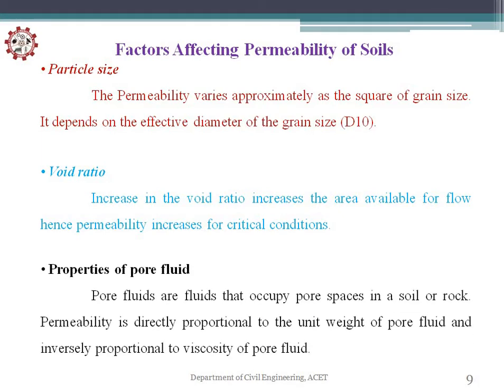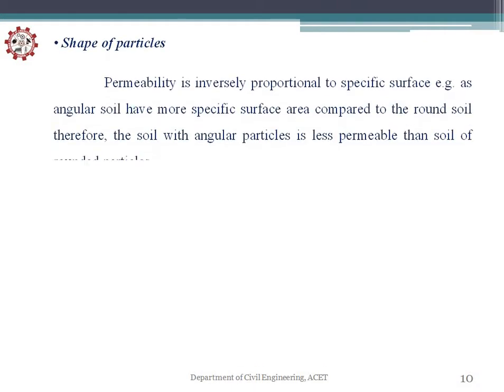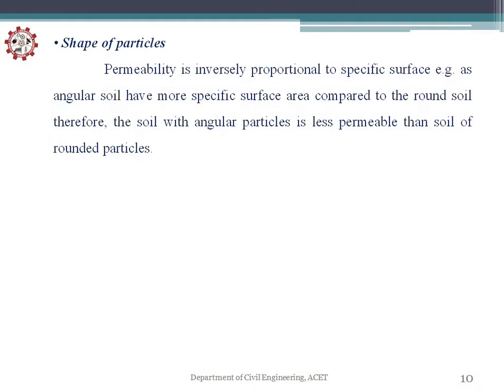Next is the property of pore fluids. Pore fluids are fluids that occupy pore spaces in a soil or rock. Permeability is directly proportional to the unit weight of the pore fluid and inversely proportional to the viscosity of the pore fluid. Next is the shape of particles. Permeability is inversely proportional to the specific surface. For example, angular soil has more specific surface area compared to rounded soil.